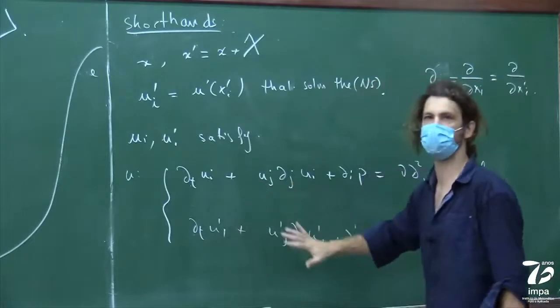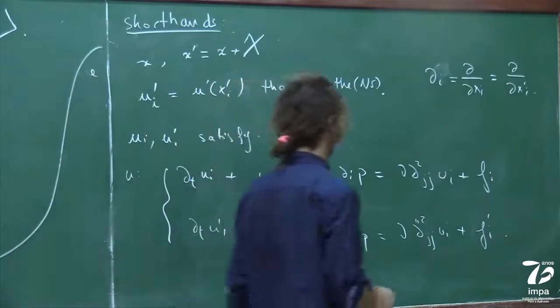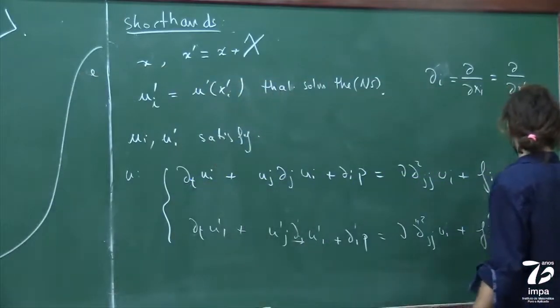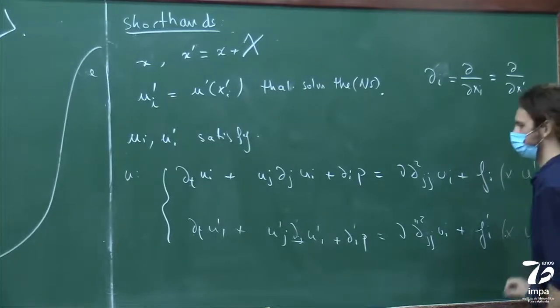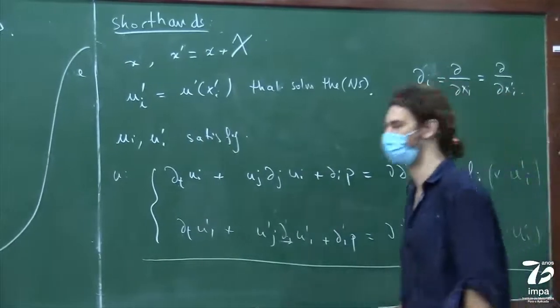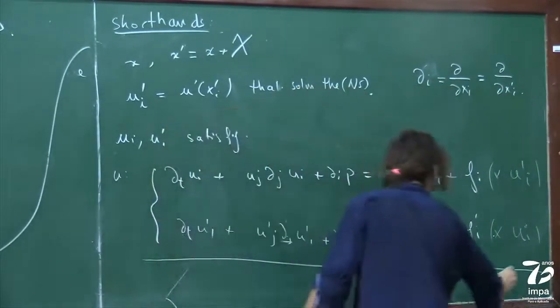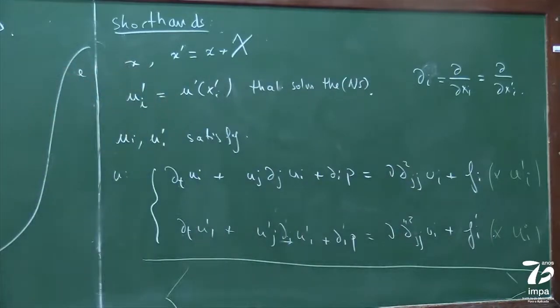I have my two equations. So what I will do is a very simple game. I will just multiply the first one by u prime_i, multiply the second one by u_i. Then I'm summing. And I will take the average. This is what I will do.